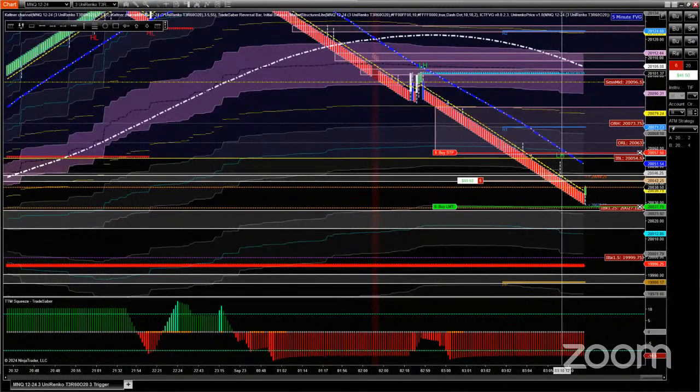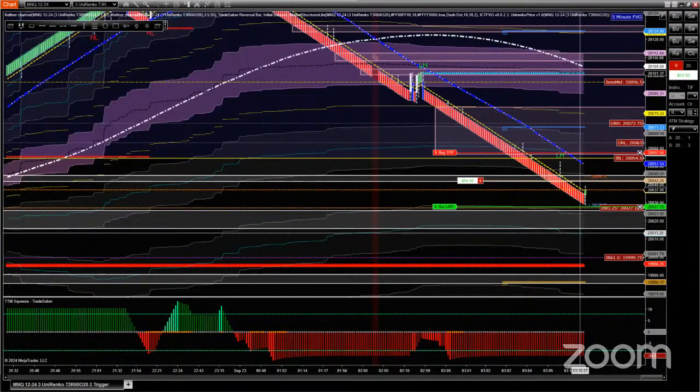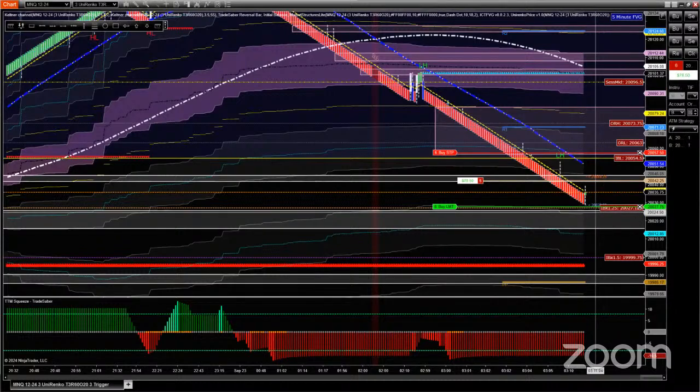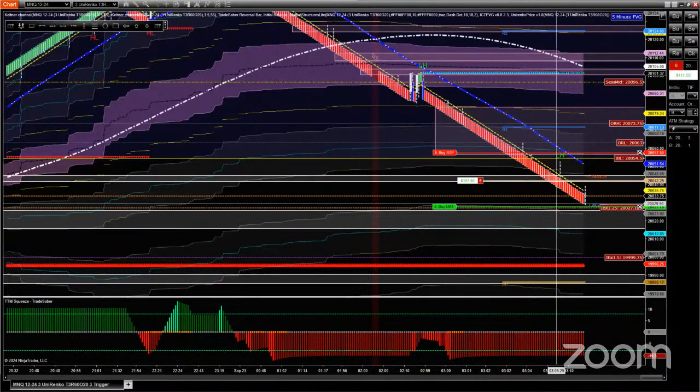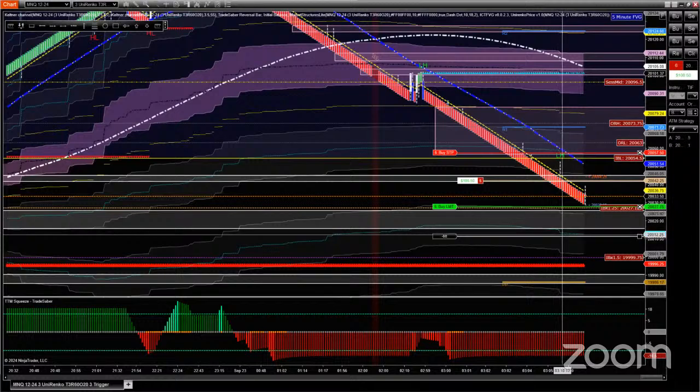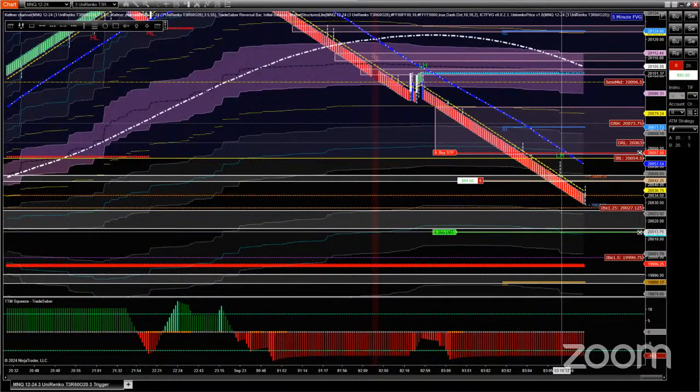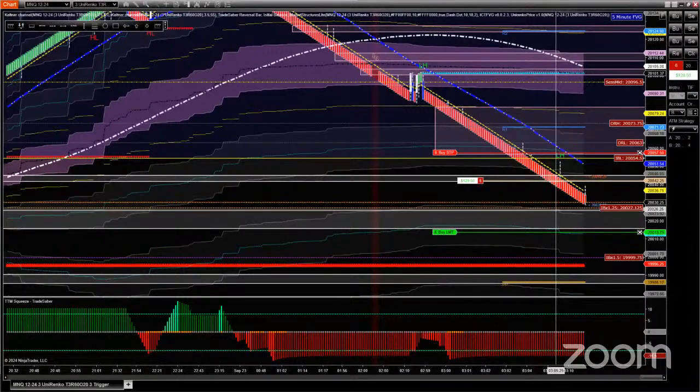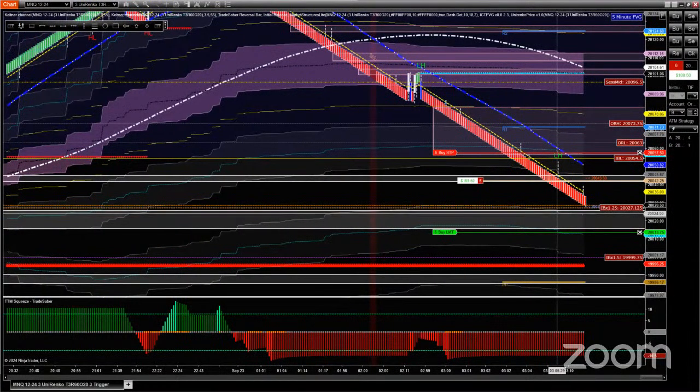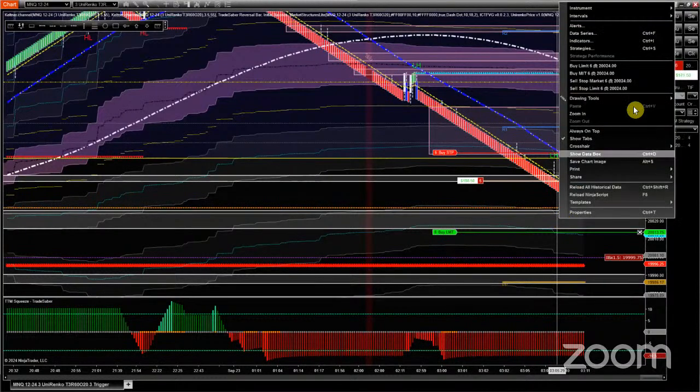This is 1.25. When you get past here, the target will most likely be between this one, the 1.25, or even down here. I have the confidence it's going to get down here. So what I'm going to do is create a, right here, right?